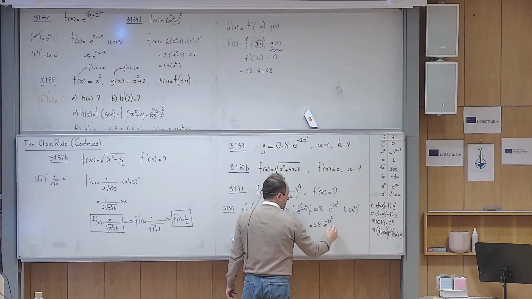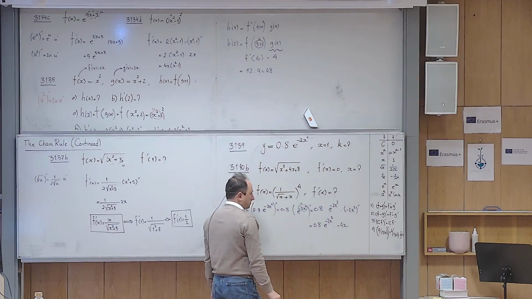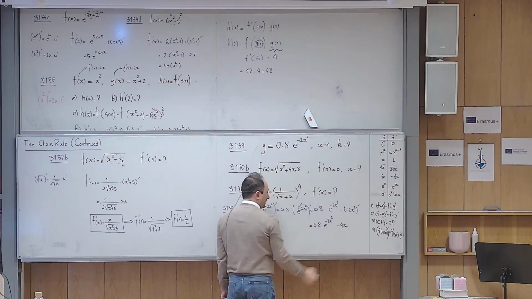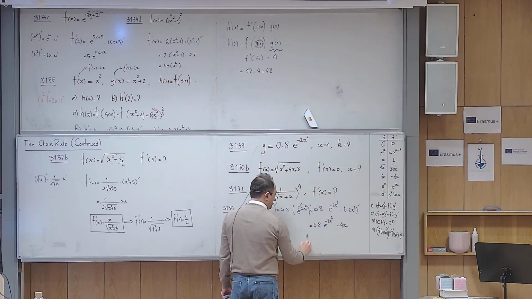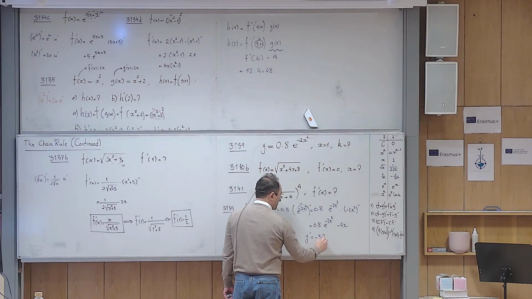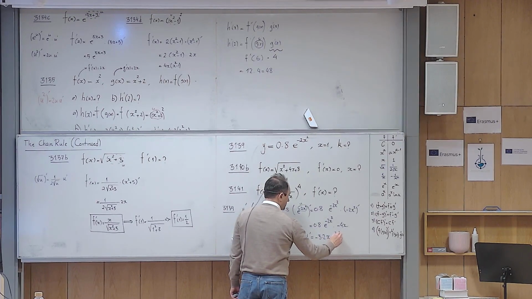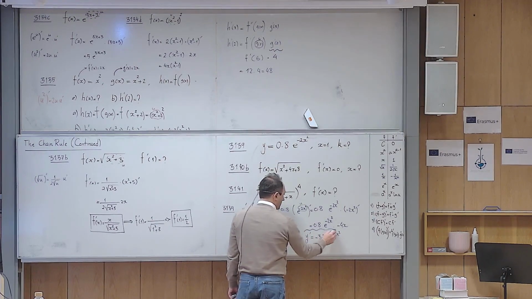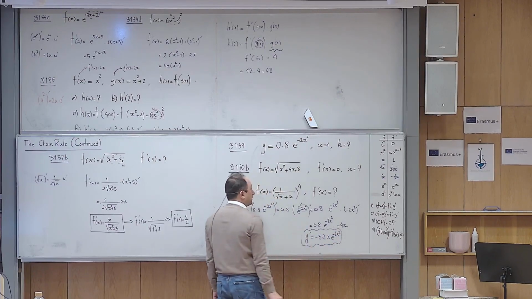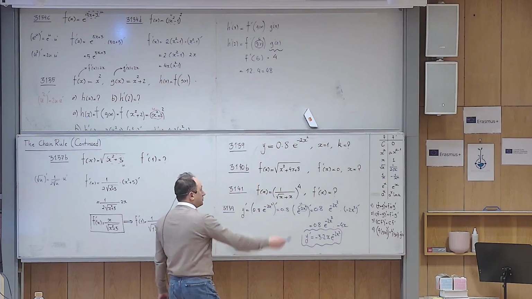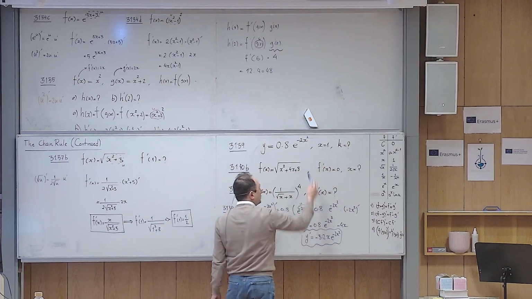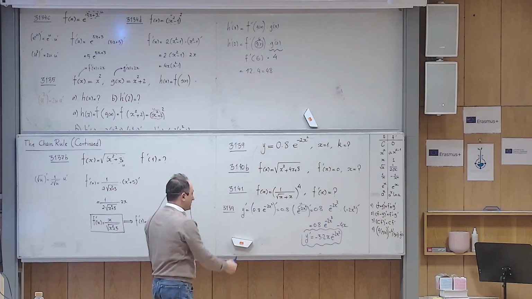The derivative of this is extremely simple, so it's minus 4x. And I prefer to multiply it. So finally, my derivative is equal to, when I multiply that, minus 3.2x e to the power minus 2x squared. But that is not exactly what is wanted. What is wanted is the slope at the point x equals 1. The x-coordinate of the point of tangency is also given.